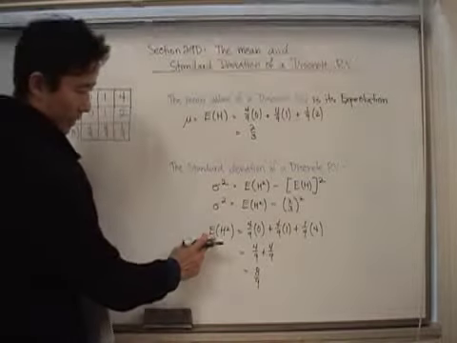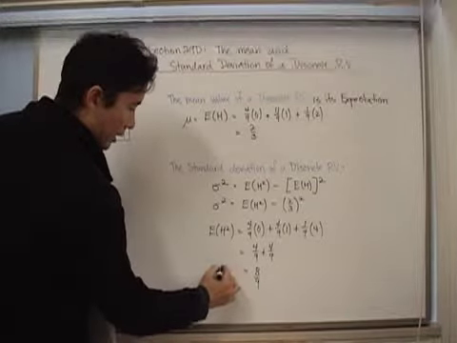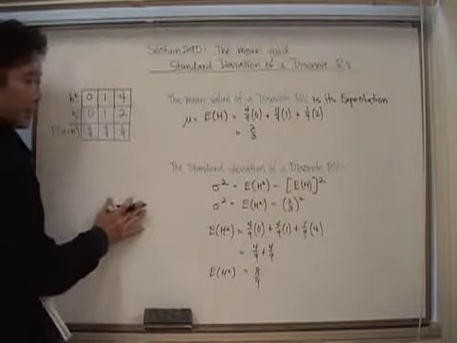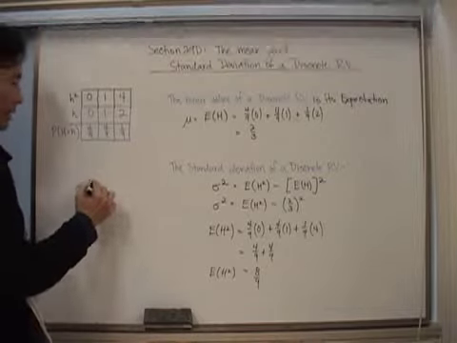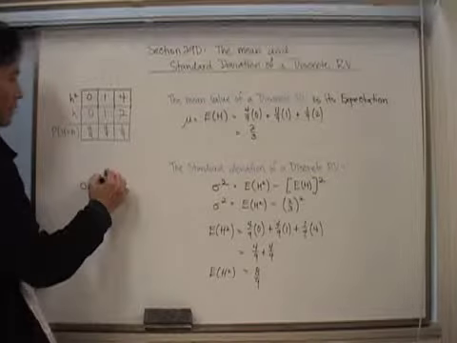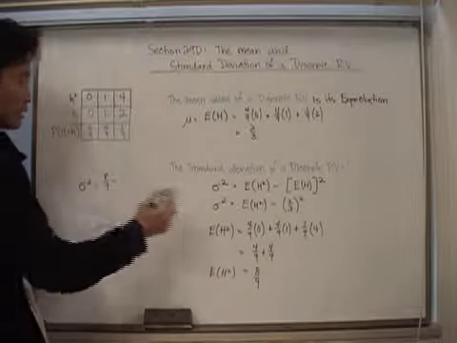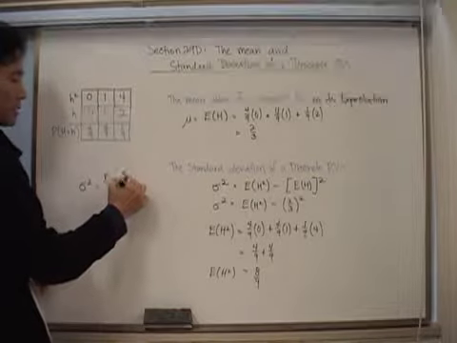So that value right over here is the expectation of h squared. Now we can calculate what the standard deviation is. The standard deviation squared, or variance, is equal to 8/9 minus the 2/3 squared, which is 4/9.